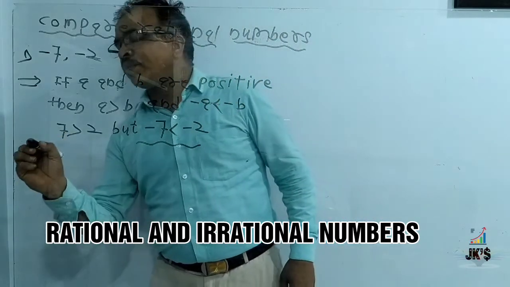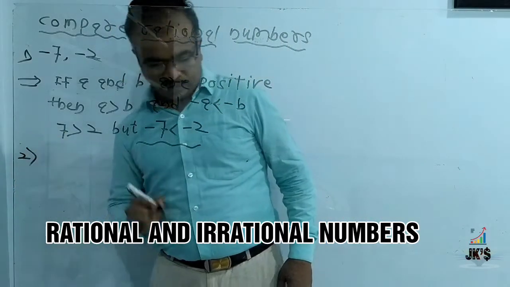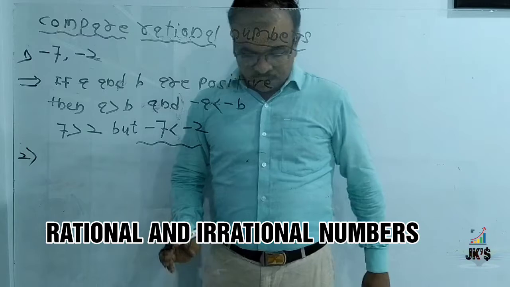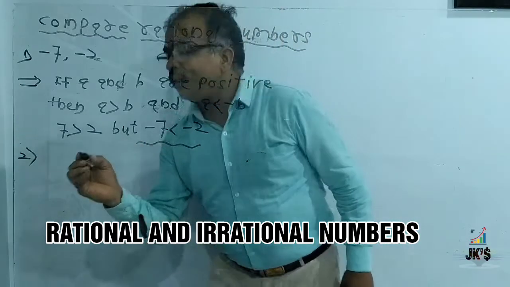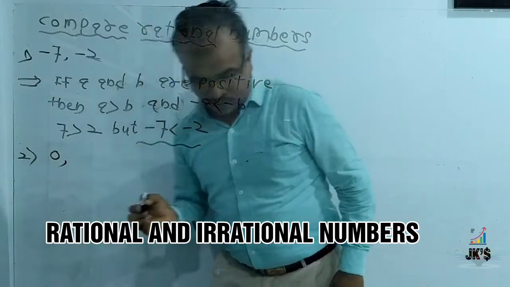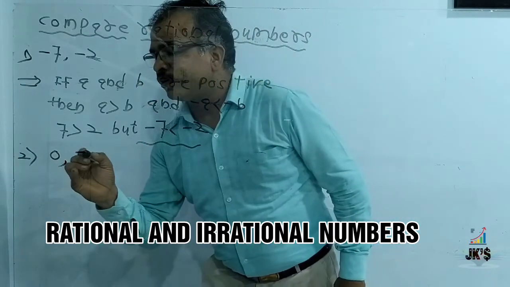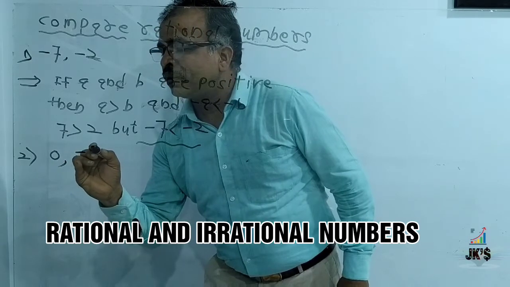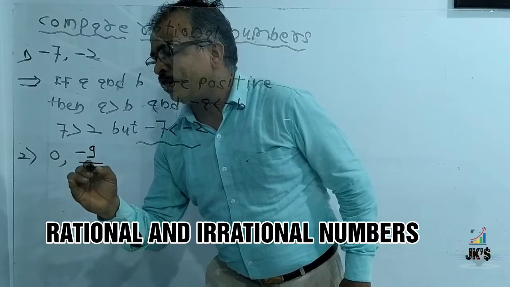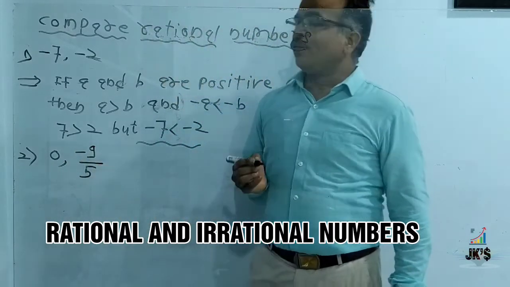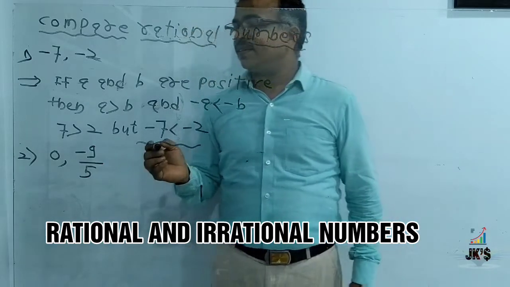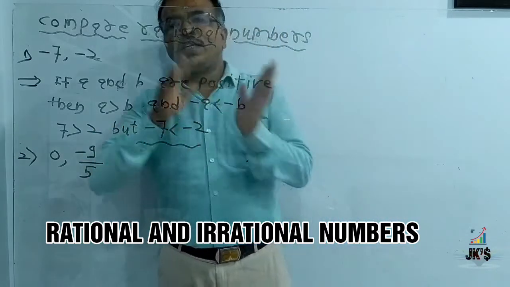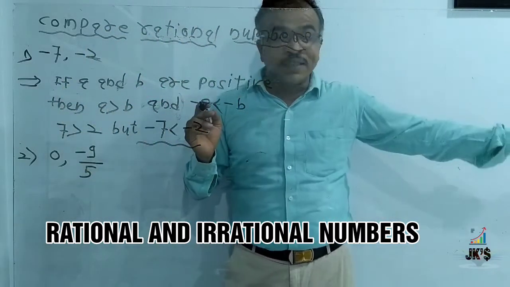Second example is 0 and minus 9 upon 5. We know, friends, 0 is on the right side of minus 9 upon 5.